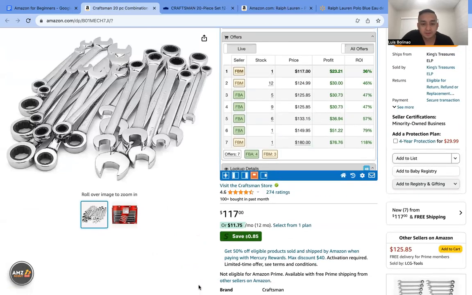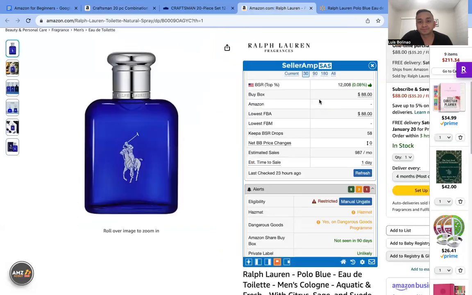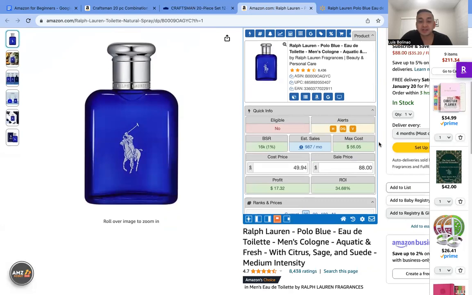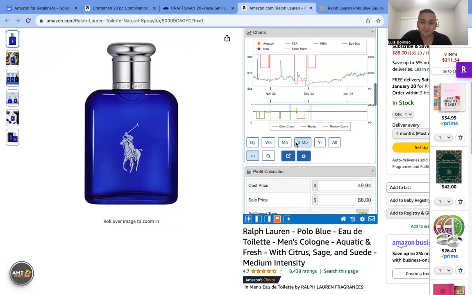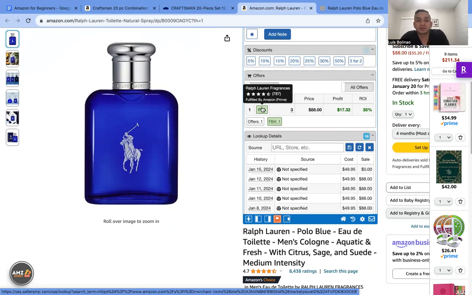Christina asked a question, why is there only one seller? That's actually a great question. For this one, this is actually not a good product because there's only one seller. And the seller is actually the brand owner of this product.